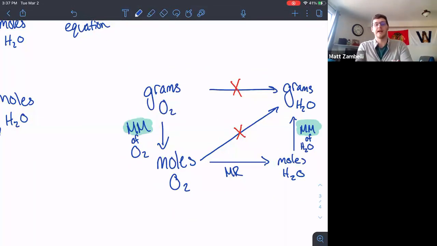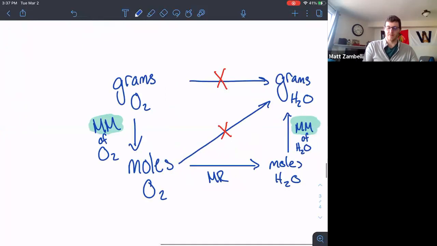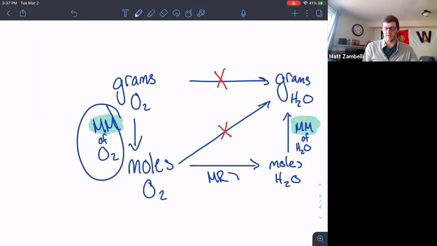Does this stuff make sense as to why there's so many steps? All right, I got a few thumbs up. Nobody said no. So are we comfortable finding those things, these steps, the molar mass of oxygen, the mole ratios, and the molar mass of water?